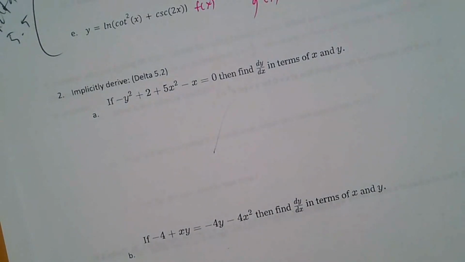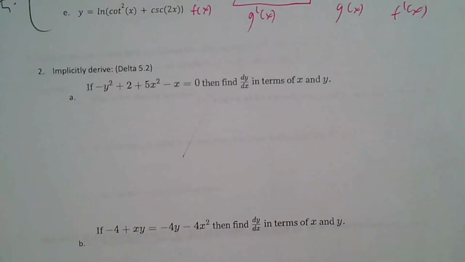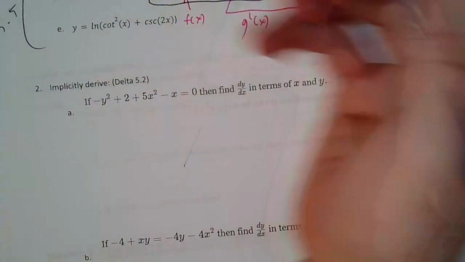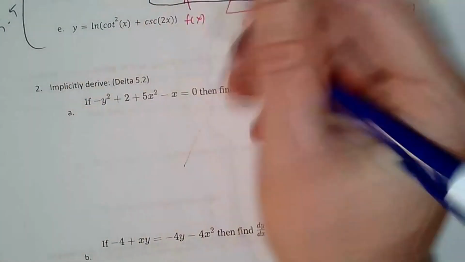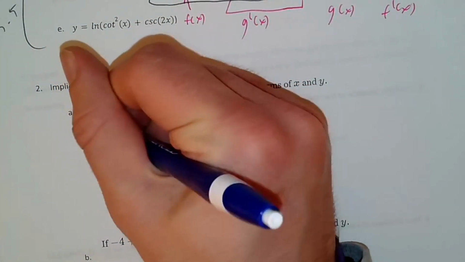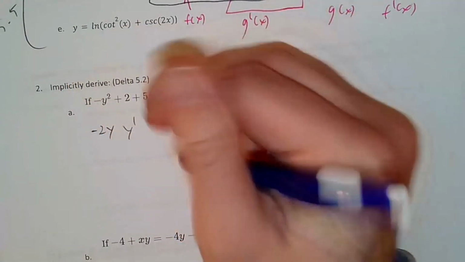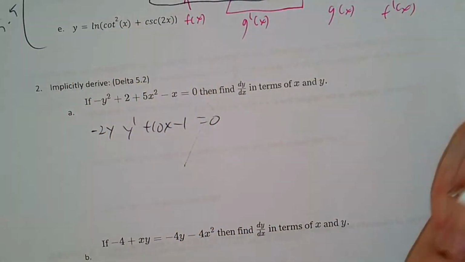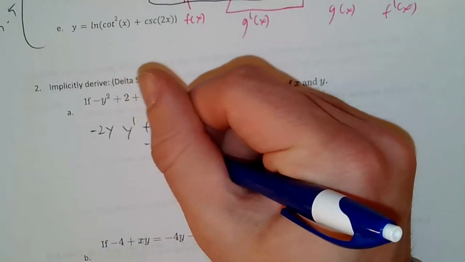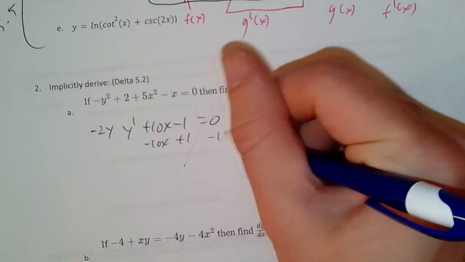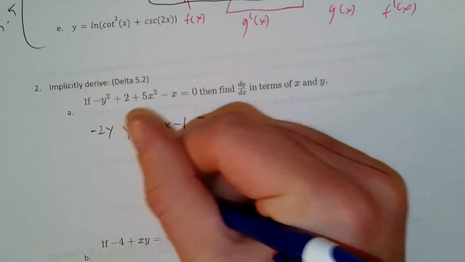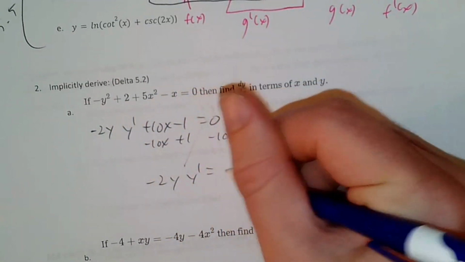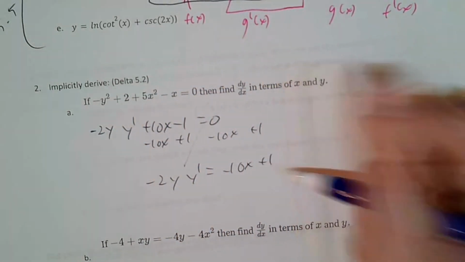Okay, we're on to implicit differentiation. I'm just going to go ahead and do it, and then I'll walk you through what's going on. This is negative 2y y prime. 2 becomes 0, plus 10x minus 1 equals 0. Get y prime alone. Just move the 10x over. So I got negative 2y y prime equals negative 10x plus 1.